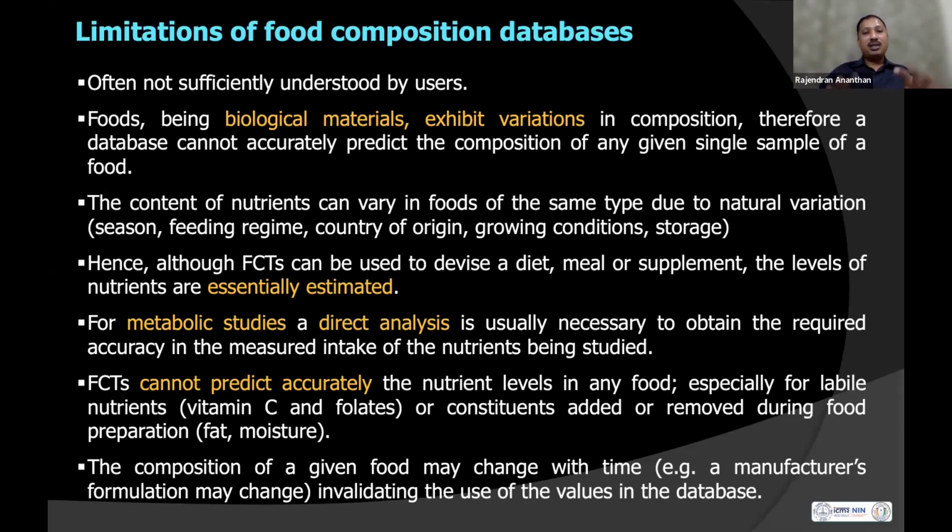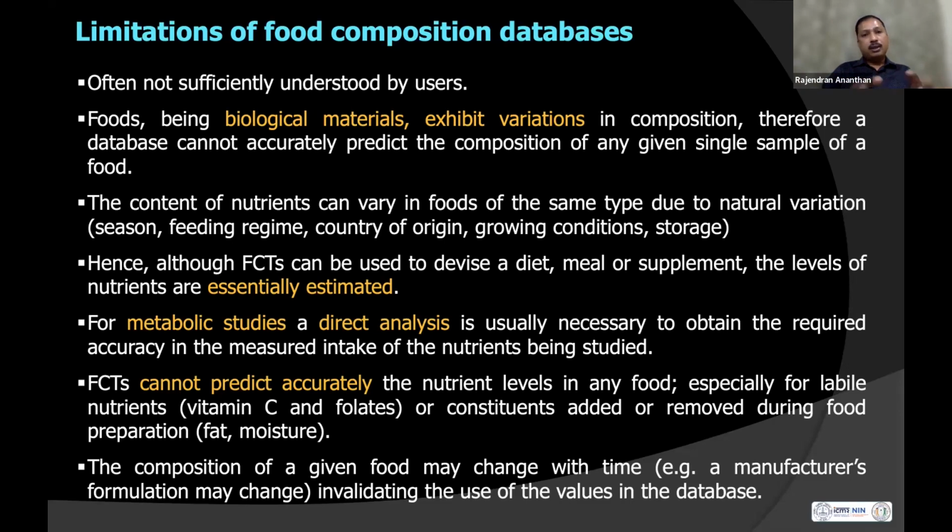It is internationally accepted. The limitations are, first, we have to understand that these food matrices, particularly our Indian food composition tables, have been done on fresh food. It's not processed food, it is fresh raw foods.